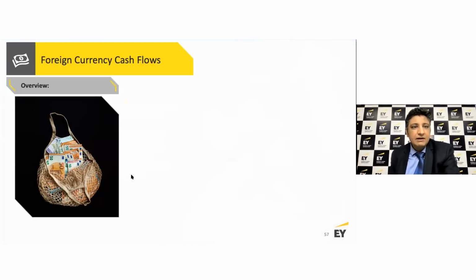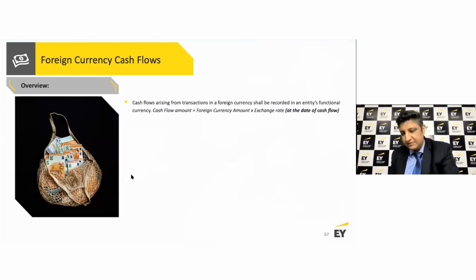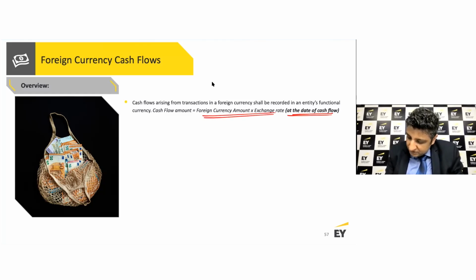Foreign currency cash flows, as we said before: any foreign currency amount lying in your bank has to be reported as part of your cash and cash equivalents. But importantly, we also need to follow the accounting perspective, that any such amount has to be reported using the closing rate.